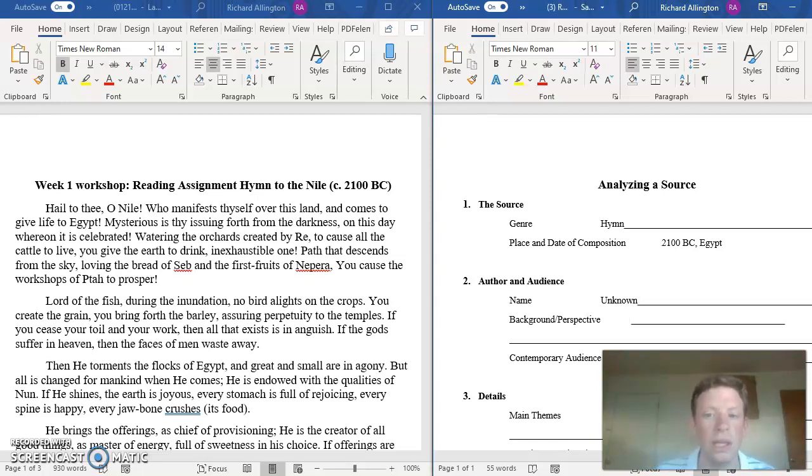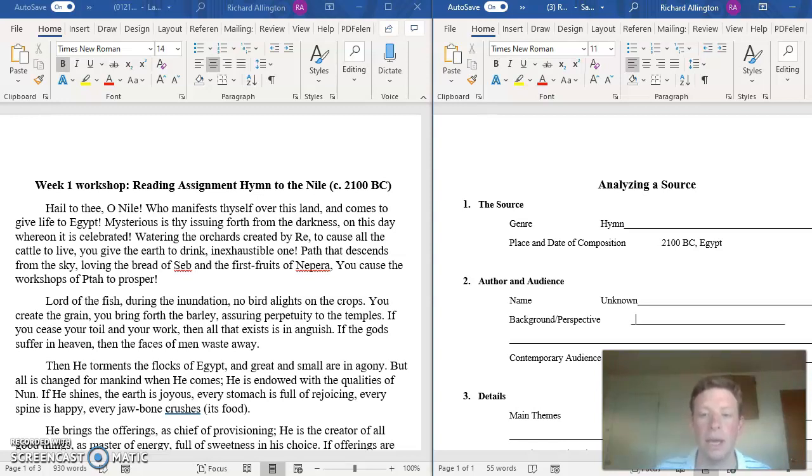So the name of the author is something that you may often have to write unknown for. But this next section should be possible to fill out almost all of the time for every source. Even if you're not totally sure, you want to be trying to deduce what the background of the author of the source is, what the background of the audience of the source is.